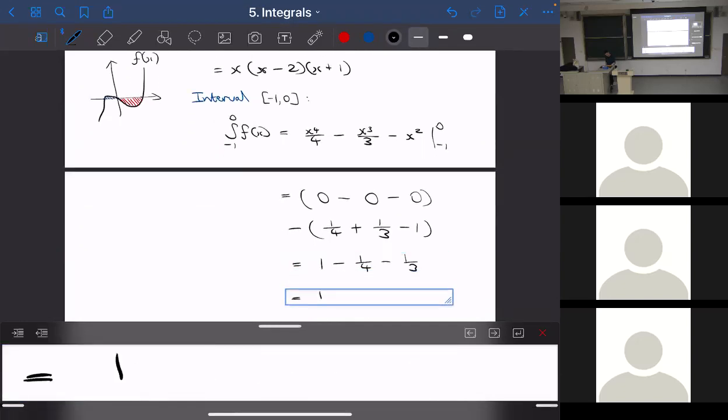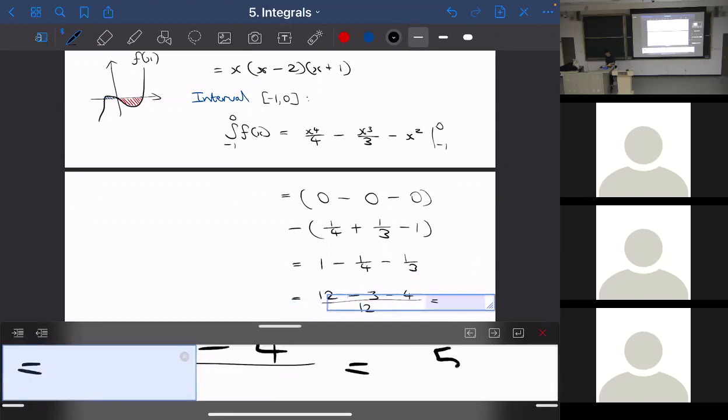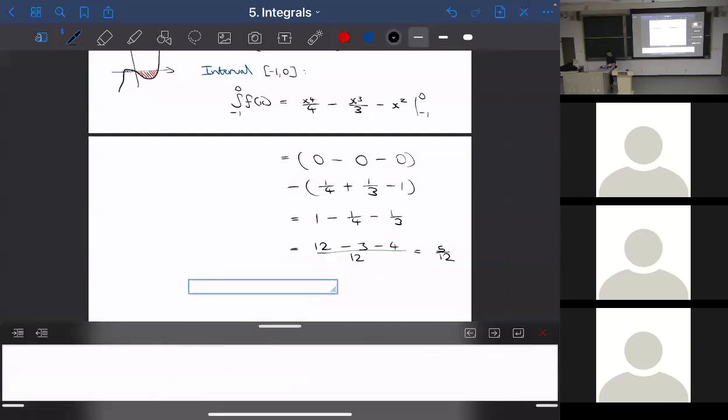And so that is 12 minus 3 minus 4, giving 5 over 12. Okay, so a bit less than 1 from the blue region. So it's quite amazing that I didn't even have to be able to draw the graph properly to be able to say what the areas are.